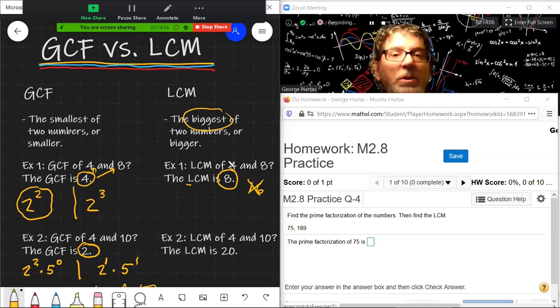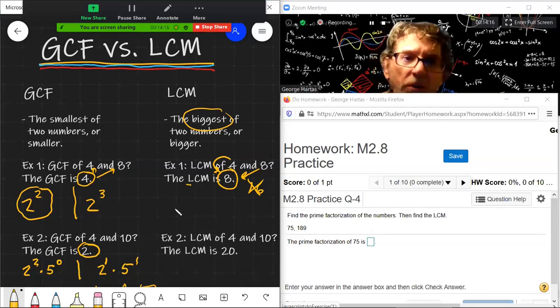Here the arrow goes the other way: 4 divides into 8, 8 divides into 8. See how the arrows go differently here, which represents dividing into.